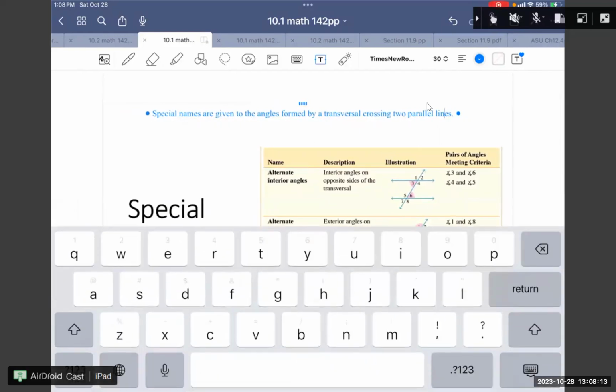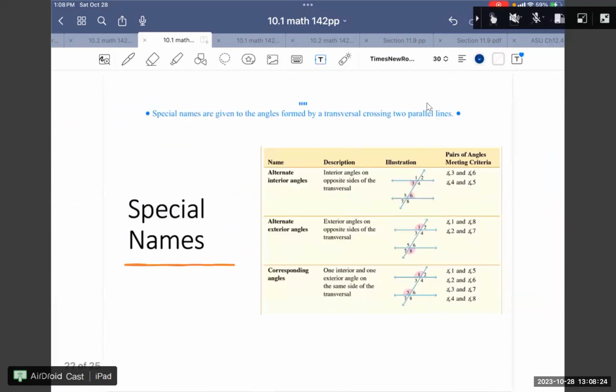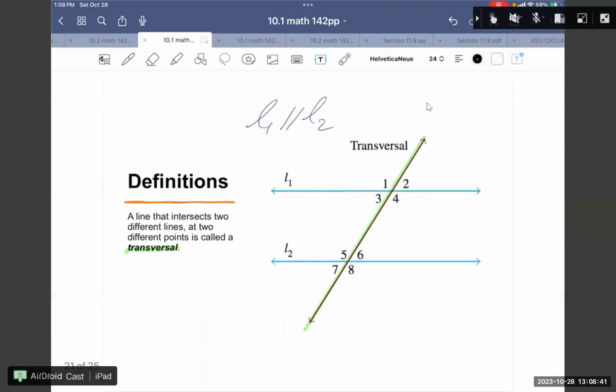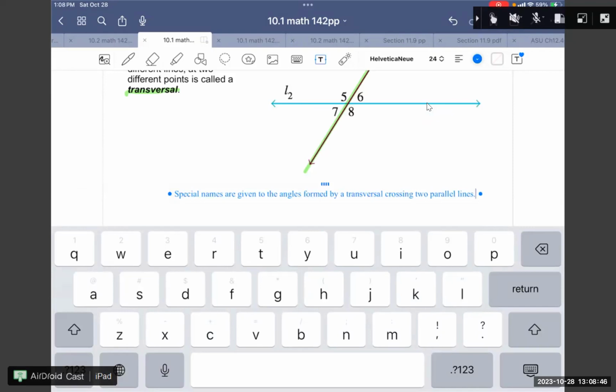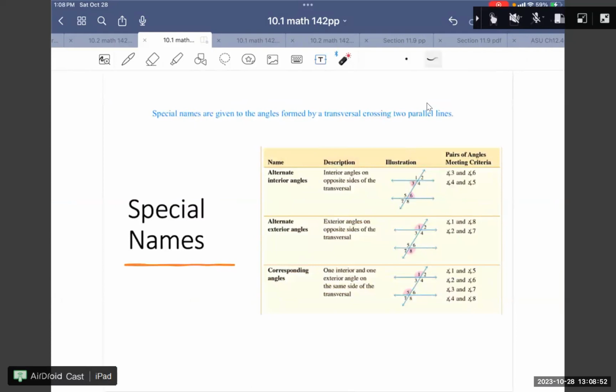So we should have this one in here. Okay, so that's one. And they have a special name for this one.